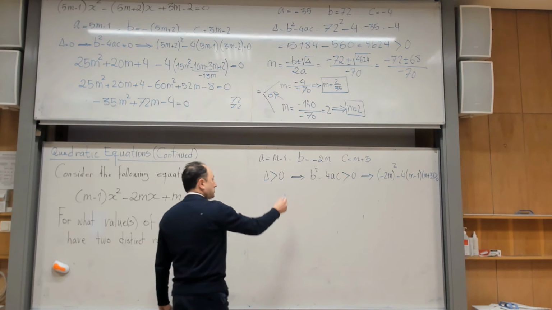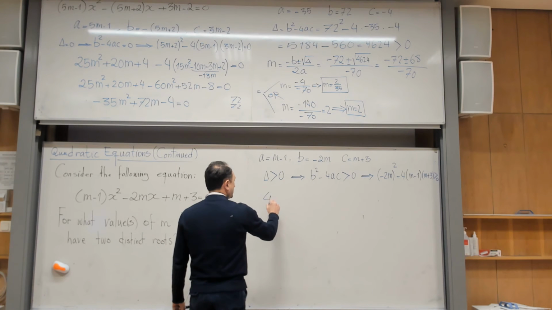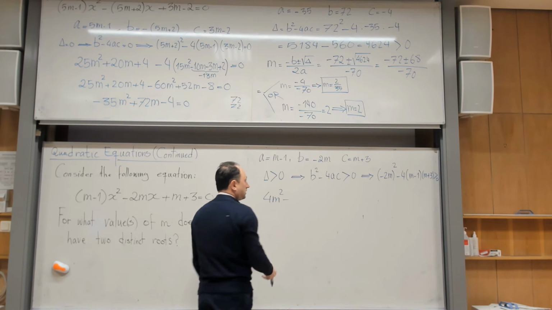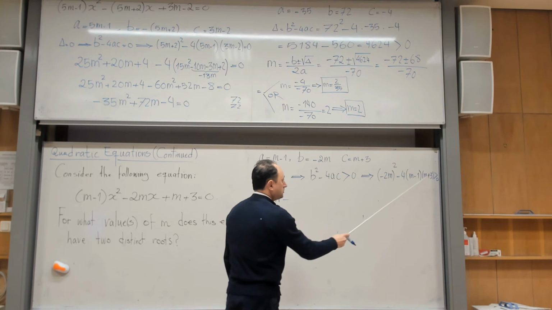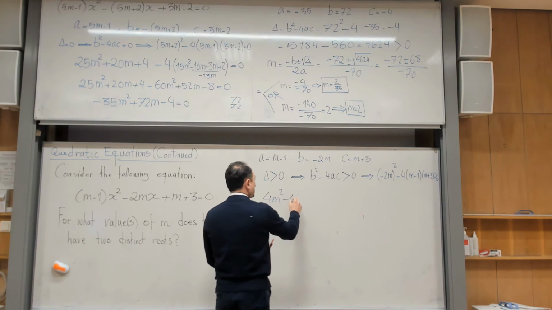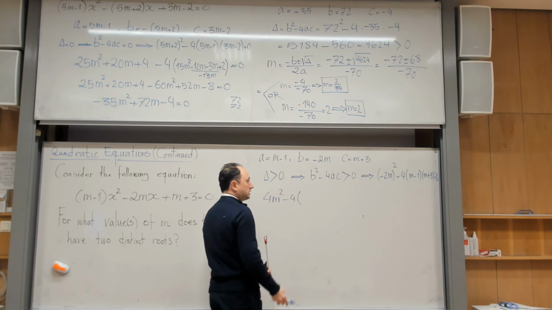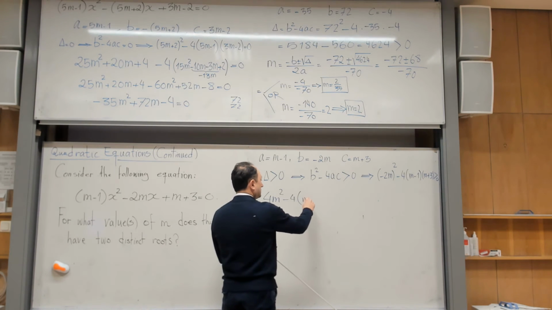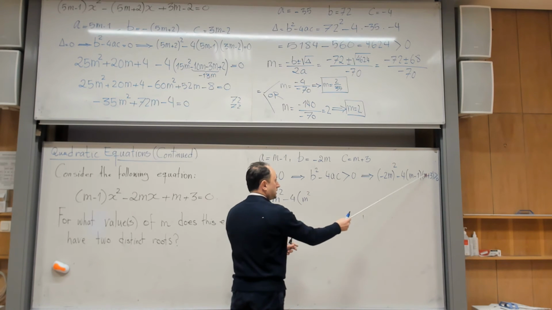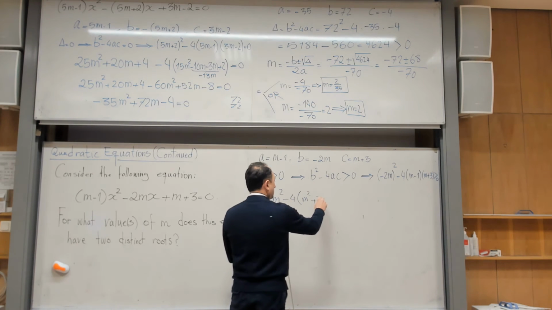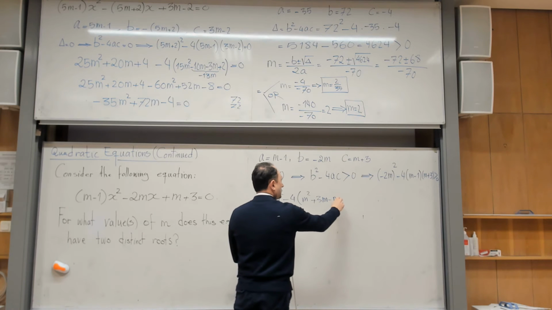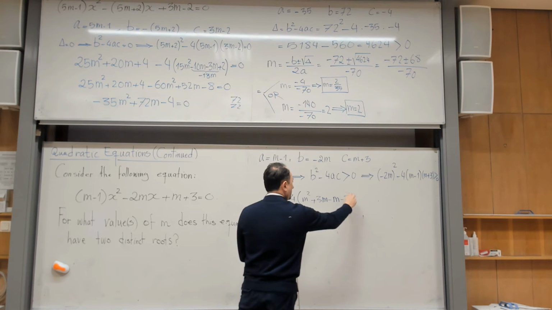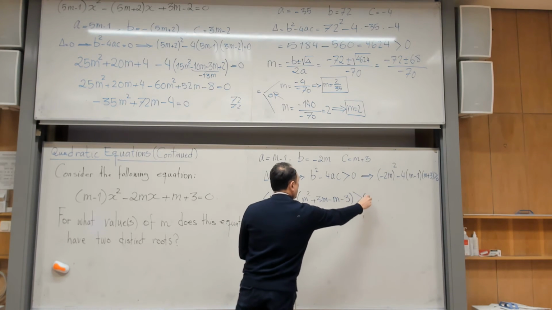I raise it to power 2, it becomes 4m squared. Here I have three numbers multiplied, so let me keep minus 4 for the time being and multiply the others. M times m is m squared. M times 3 is 3m. The other one becomes negative m, and the last one becomes negative 3. This is supposed to be larger than 0.